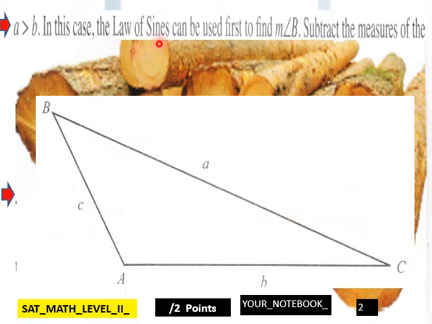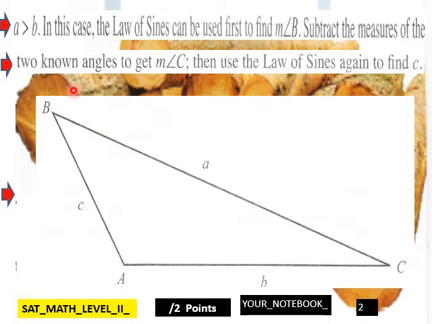In this case, the law of sines can be used first to find the measure of angle B. Subtract the measures of the two known angles to get the measure of angle C. Then use the law of sines again to find the length of side c.